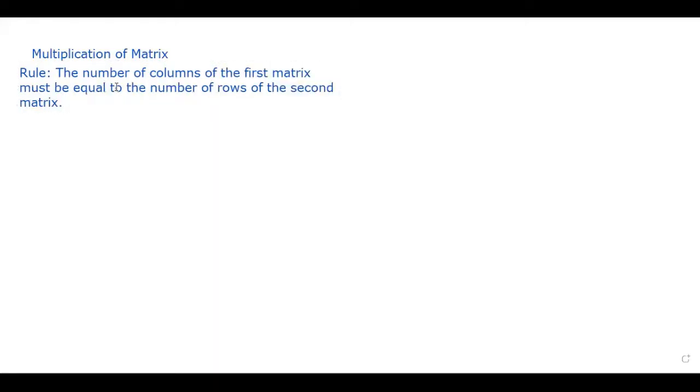Now, it sounds confusing, but take it easy. We are saying that for you to be able to multiply two or more matrices, the number of columns of the first matrix must be equal to the number of rows of the second matrix.